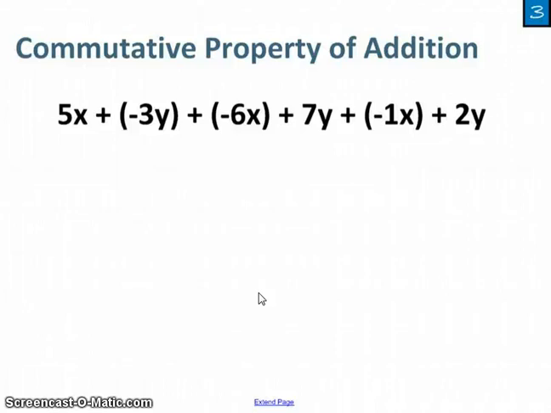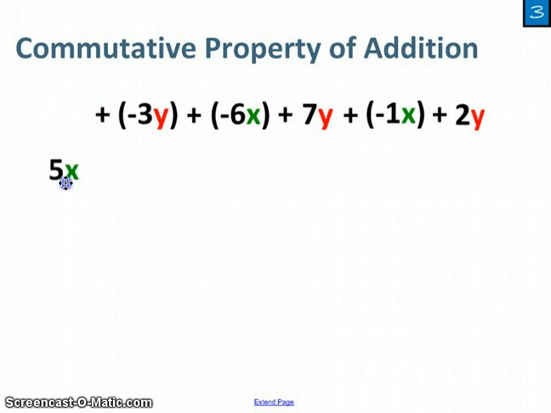We make use of that in situations like this. If I had to add all of these together, I'd rather put the like terms next to each other before I do the adding. So let's actually call out those like terms by changing the color here. All right, all the x's now are easy to see, and I want to put them all by each other.